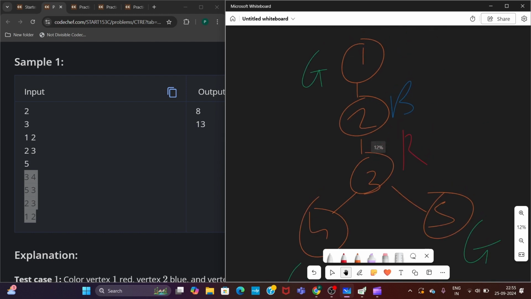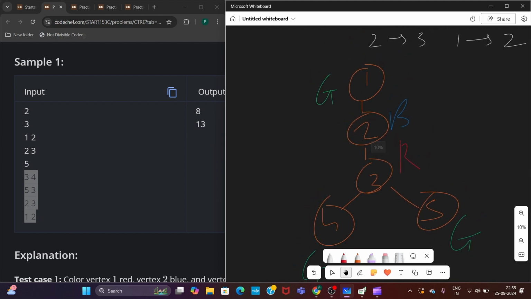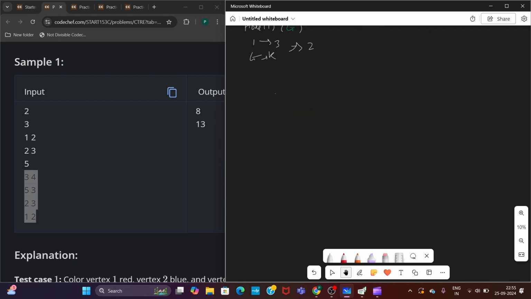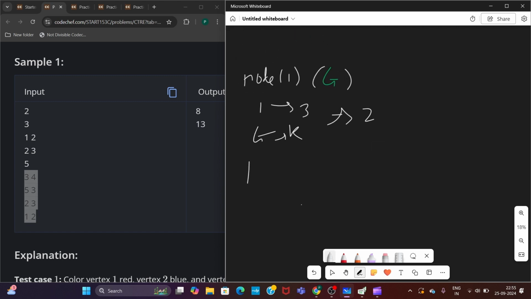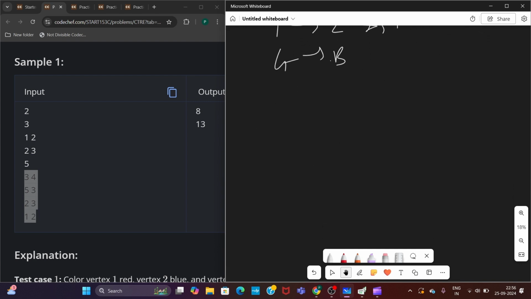From 1 to 2, meaning from green to blue, the distance is 1 only. So our total distance is 2 plus 1, which is 3 for node 1. It is just for node 1.